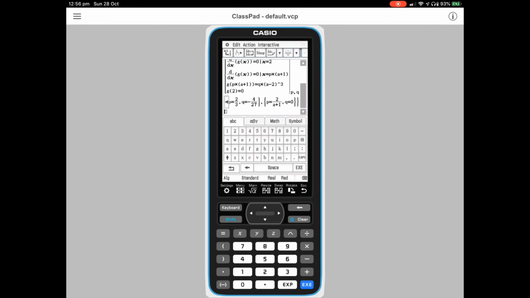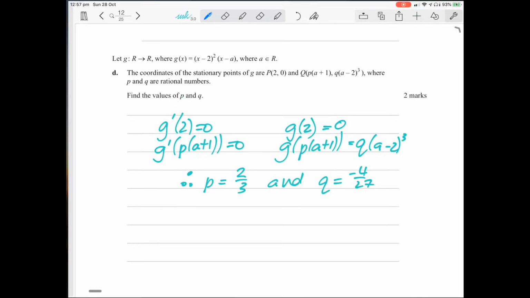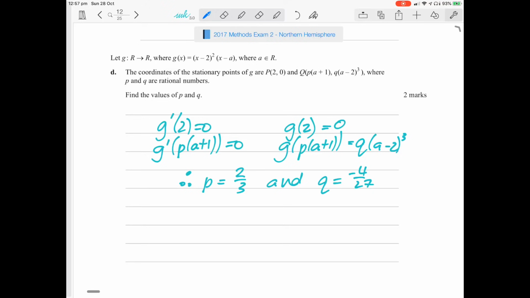So p and q are rational numbers. What's the significance of this? Can p equal that and q equal 0?